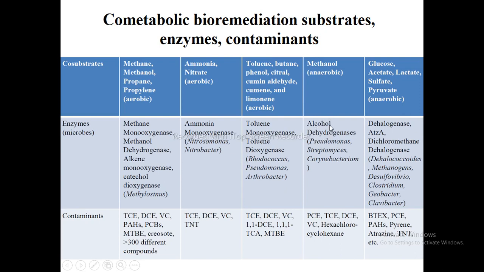This uses alcohol dehydrogenase in microorganisms, right? Substrates like glucose, sulfate, lactate, and pyruvate can serve as co-substrates in anaerobic condition for degradation of PCE, etc. The enzymes required are dehalogenase and dichloromethane dehalogenase, etc. Many microorganisms are known to possess these enzymes and use these compounds as co-substrates and co-metabolites for degradation of many contaminants, right?